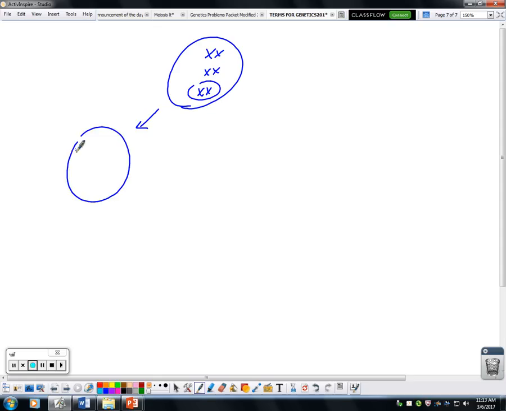Nothing went to that gamete. Now, if that egg on the right, with no sex chromosome, is fertilized by a Y sperm, nothing happens. It doesn't even start dividing. There is no such thing as a Y nothing or a YY baby.